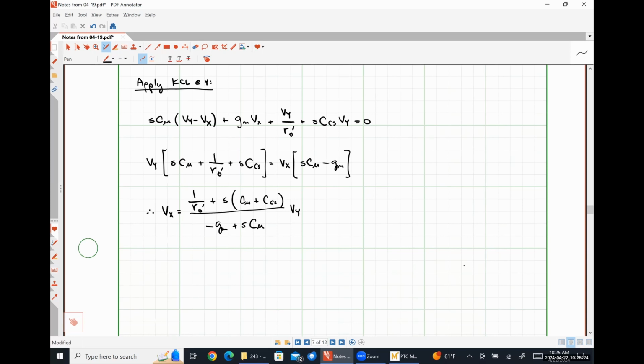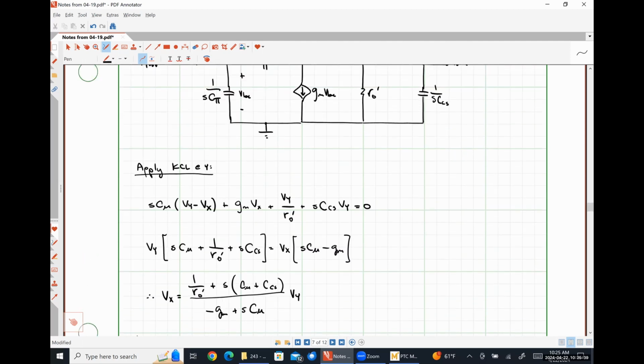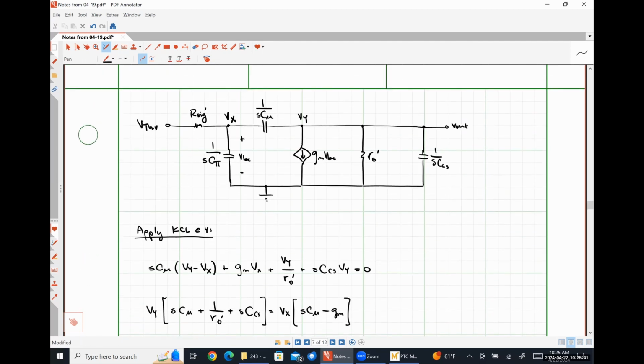All right. So what we're going to do now is apply KCL at node X. So let's look up here. I could really just have 3 currents, right? I'll have a current flowing to the left through R sig prime. I'll have a current flowing down through my capacitance C pi, and I'll have a current flowing to the right through my capacitance C mu.